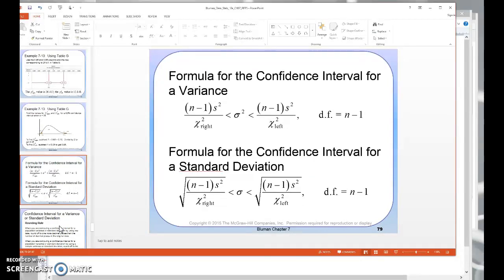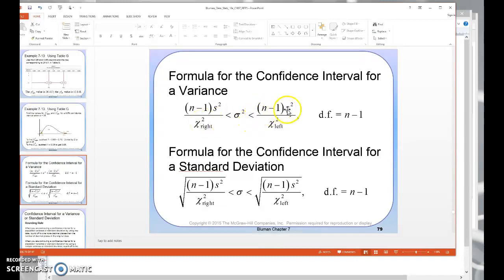The formula for the confidence interval for the variance: we're going to take our degrees of freedom, n minus 1, times s squared. Now recall, s represents the sample standard deviation, so when we square it, that's the variance. Then divide by the chi-squared value that you got in your table.